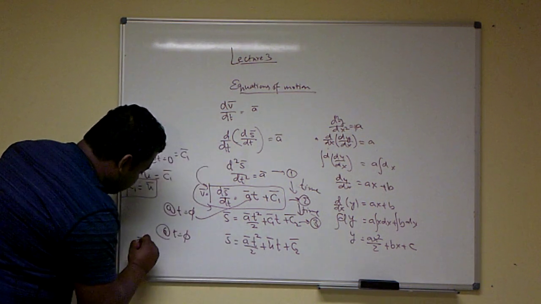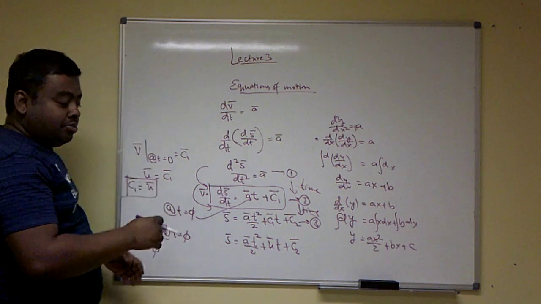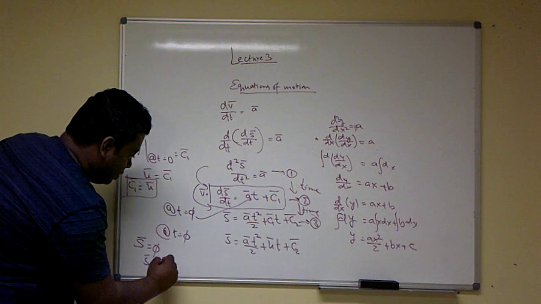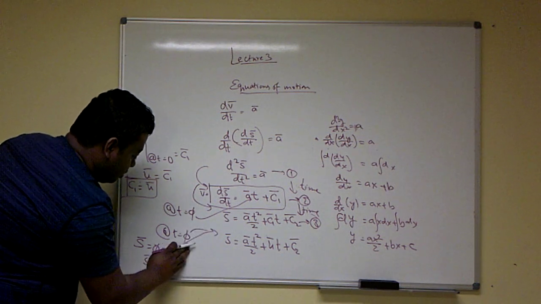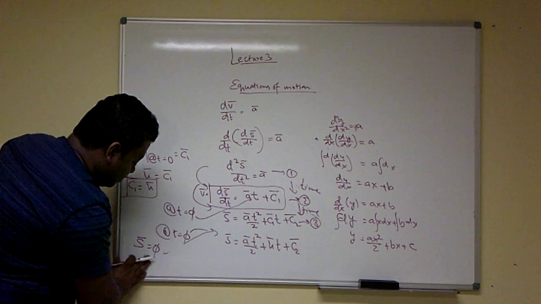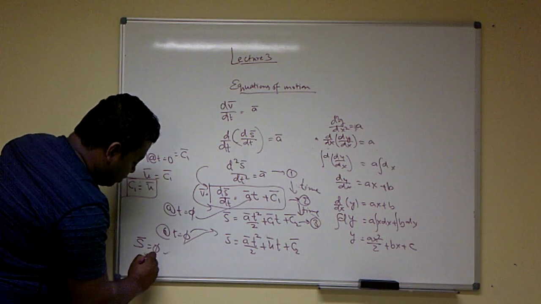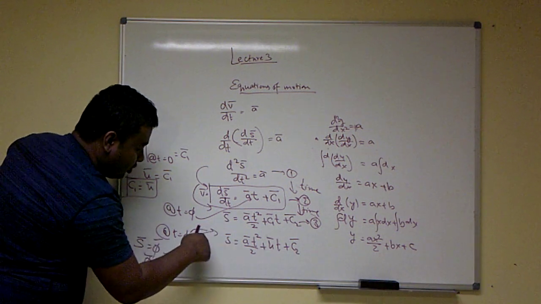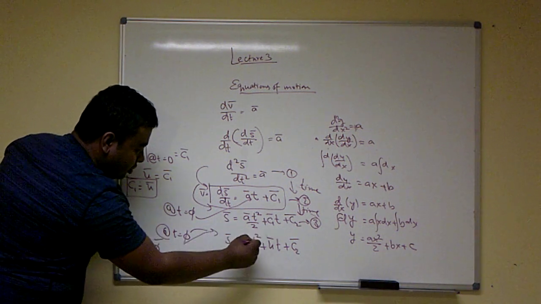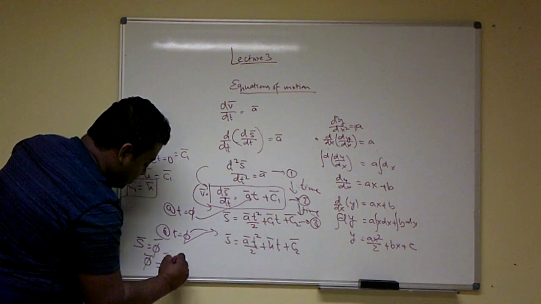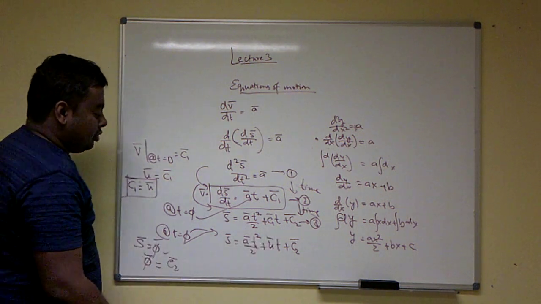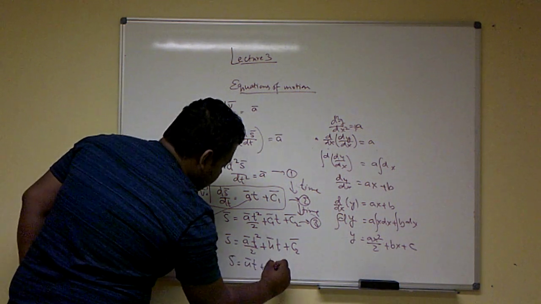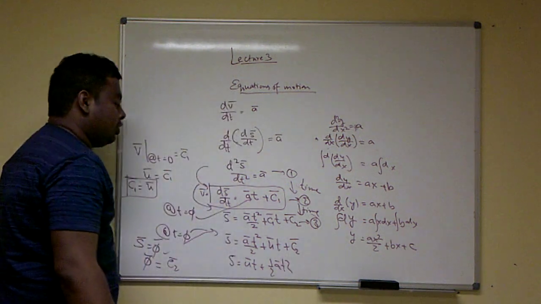Let's assume that my s vector was 0, meaning I'm starting from the origin. So if you put t equal to 0 here, on your left you also have 0 vector equal to, this term is 0, that term is 0, plus c2. So your c2 vector will become 0. So your s vector will become u vector t plus half a vector t square. Okay.